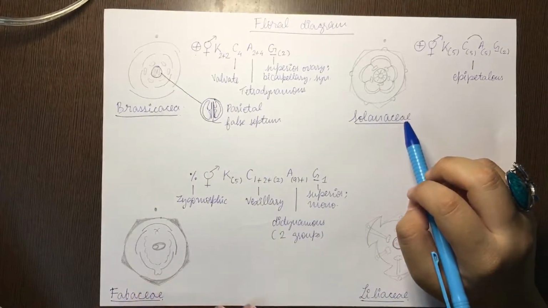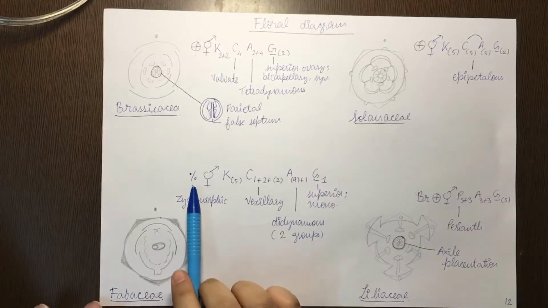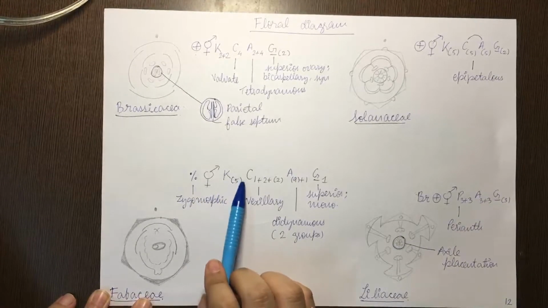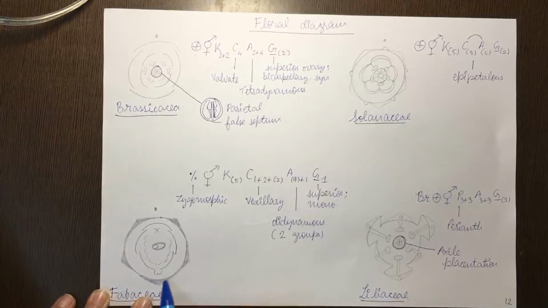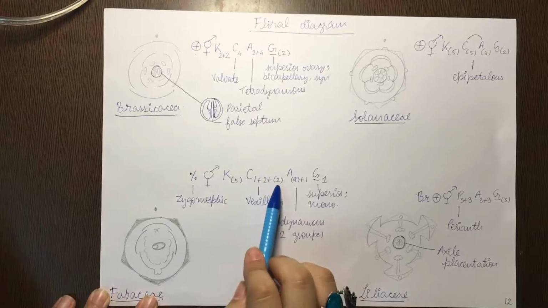Next we come to the Fabaceae family. Here zygomorphic, bisexual, calyx 5 fused. 5 are on the same circle and fused. Corolla 1 plus 2 plus 2.